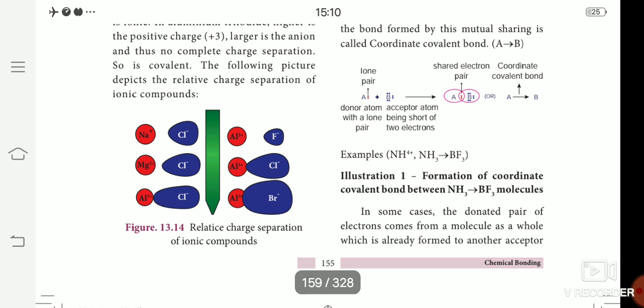Hydrogen, helium, lithium, beryllium, boron, carbon, nitrogen, oxygen, fluorine, neon, sodium, magnesium, aluminium, silicon, phosphorus, sulfur, chlorine, argon, then potassium, calcium, scandium, titanium, vanadium, chromium, manganese, iron, cobalt, nickel, copper and zinc.